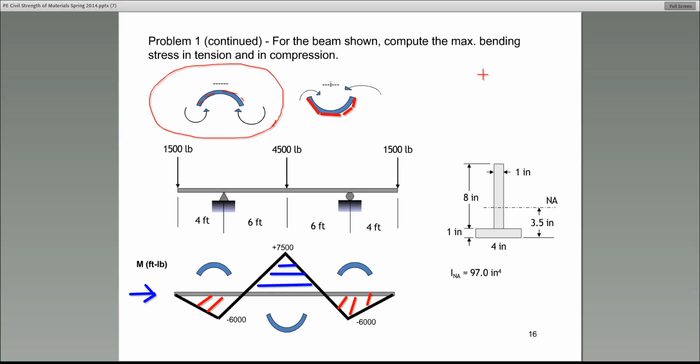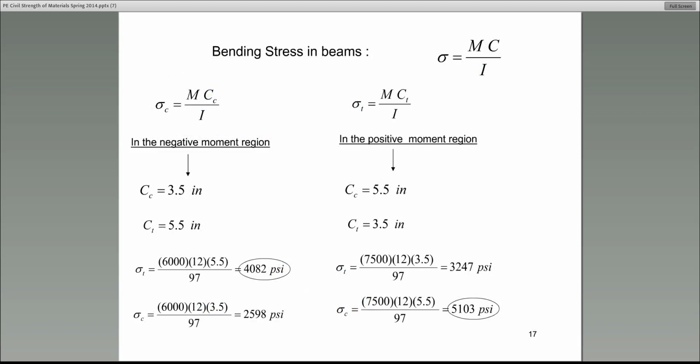The top, because that stretches, that's in tension. All right, so write this down. Negative moments cause tension on top, compression in the bottom. Positive moments cause tension in the bottom and compression on the top. Remember this because I'm going to come back to it.